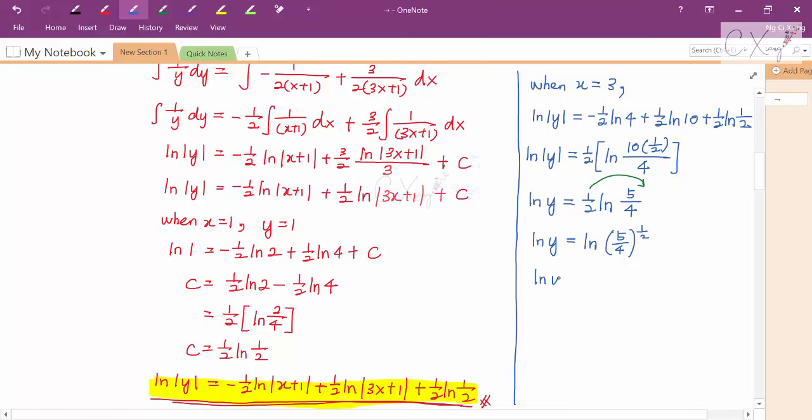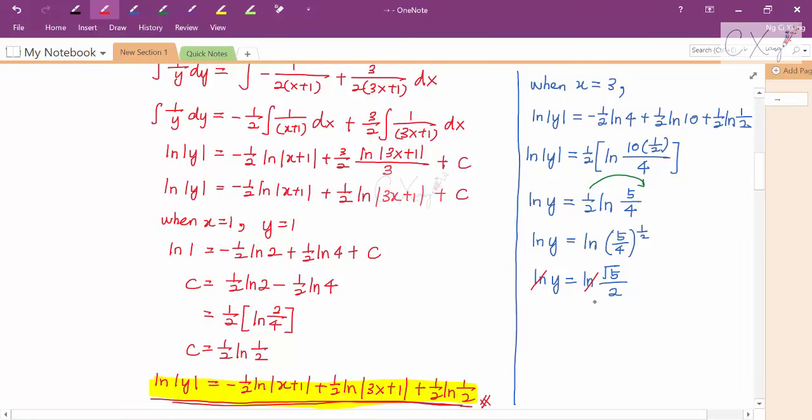Okay, so now how can we simplify further? 5 power half means square root 5. 4 power half means 2. All right, and now you are having ln y equals to ln square root 5 over 2. And you can cancel off the ln straight away because both sides only have a single term, and both terms also have ln.